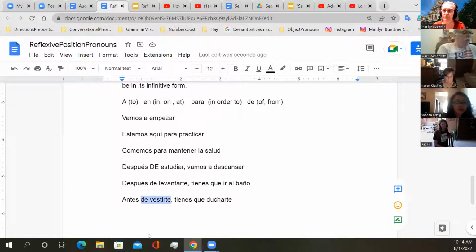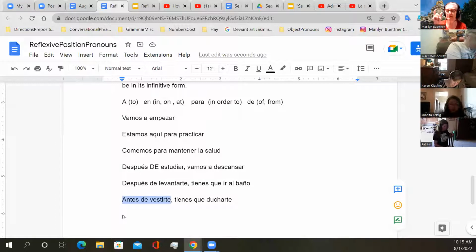Yeah, I have to use that word de. That's a preposition. So antes de vestirte, tienes que ducharte, right? I don't have a choice with where the pronoun goes here because I've got a whole prepositional phrase. So anytime a verb is immediately following a preposition like that, it will go into the infinitive. And when we have an infinitive and it's a reflexive, I've got to have that pronoun tagged on to the end.